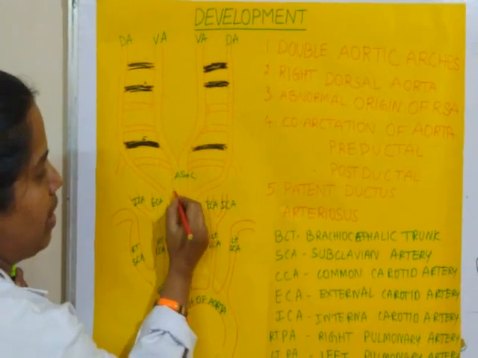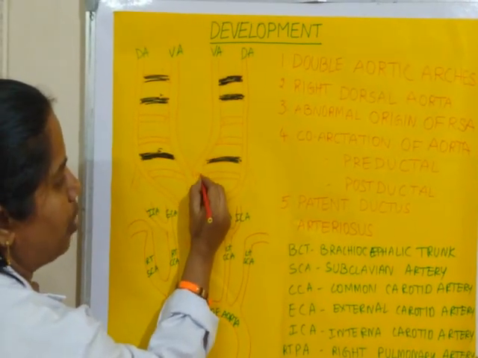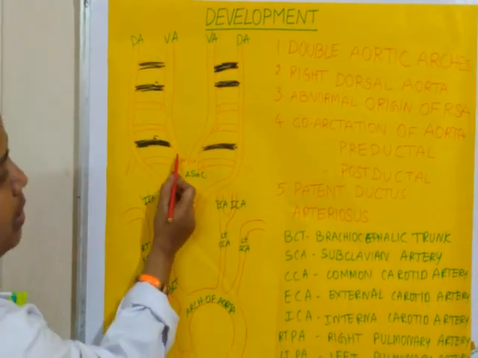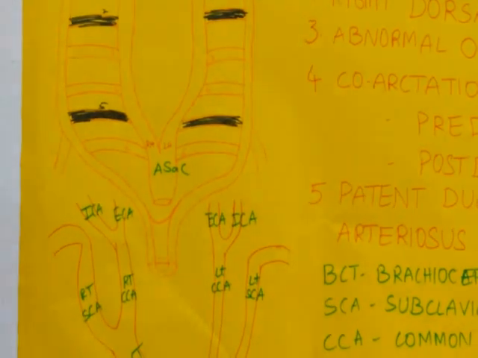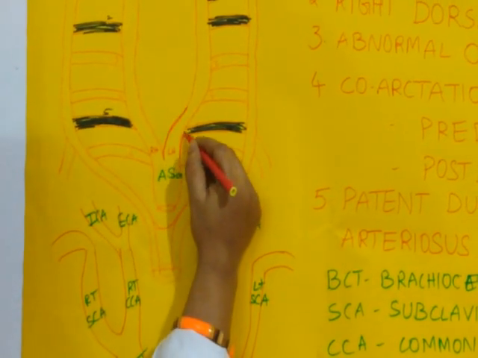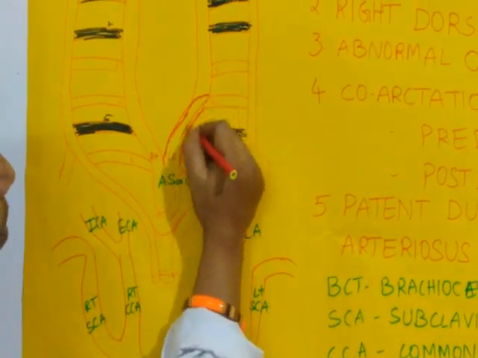Then next, this is the aortic sac. For this aortic sac, this is the left horn, this is the right horn. This left horn of the aortic sac is the first part which gives rise to the arch of aorta.